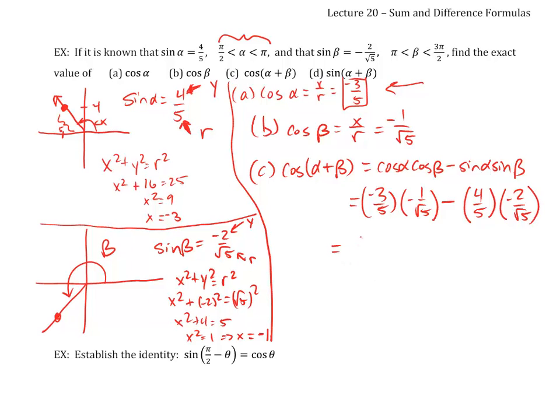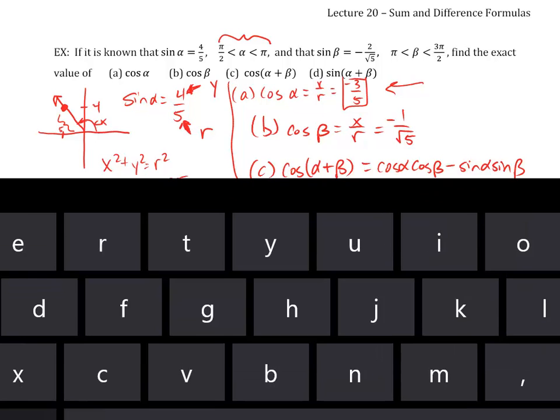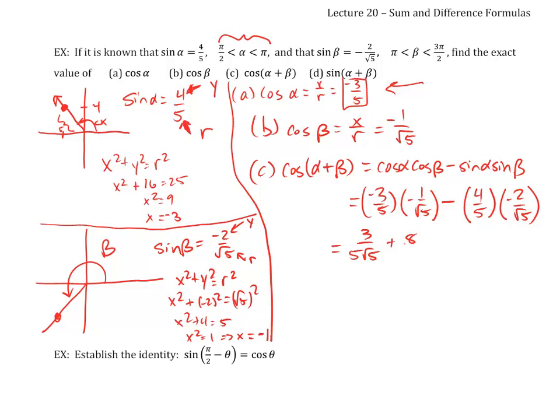Multiply that out, I get a +3 over 5 square roots of 5, plus, because a minus times a minus is plus, 8 over 5 square roots of 5, which is 11 over 5 square roots of 5. And to rationalize the denominator, I will multiply by root 5 over root 5 and get 11 square roots of 5 over 5 times 5, which is 25.